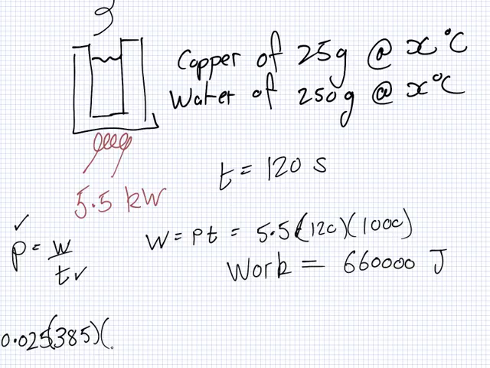Now, in real life, that might not be the case. It might be a different temperature, but for us, we'll say it's the same. 100 minus X. Okay, now let's look at the water. What happens with the water? Well, first we have M, which is 0.25, C, and then delta theta, which is 100 minus x. And then finally the water has to change into steam, which is mL.